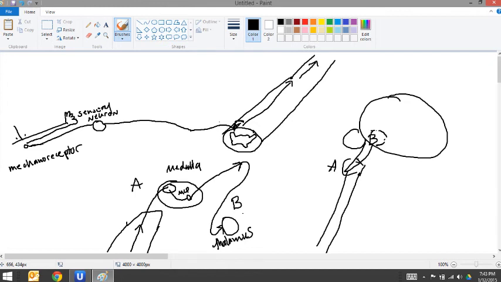The thalamus will then send all of that information, because its job is to send it into the cortex. It will send it into corresponding regions of the somatosensory cortex. So this is the brain. This is the wrinkly brain.